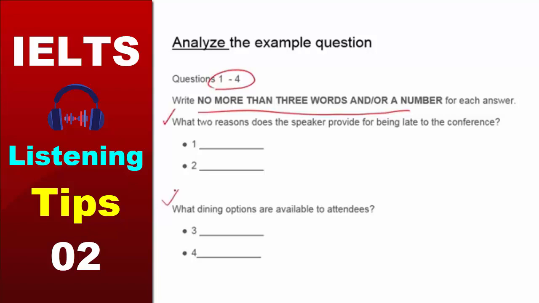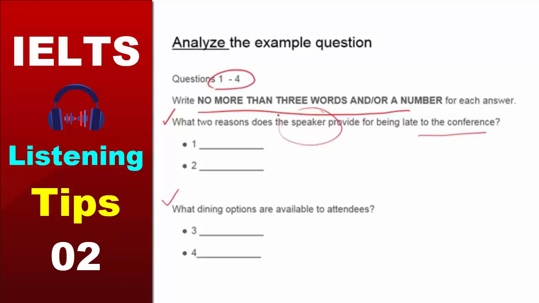You probably noticed that we are at a conference, and we're expecting to hear something from a speaker at the conference, and he's explaining in some way why he's going to be late.